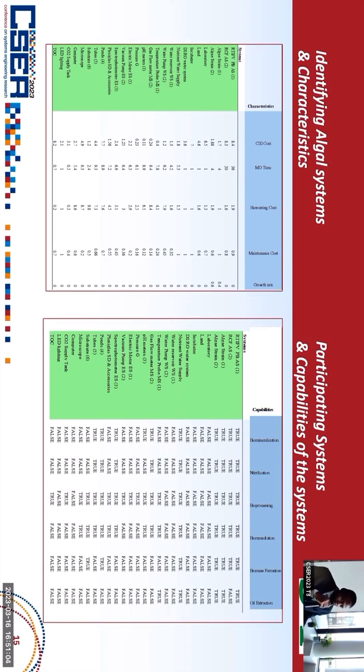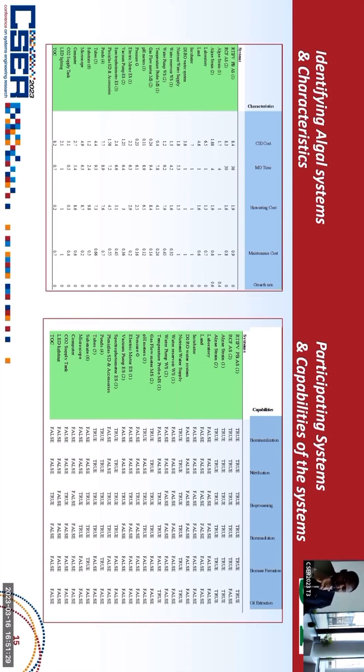On my left side, you can see that I have the interface development cost, the monitoring development time, harvesting cost, maintenance cost, and the growth rate. All these are put in factors of 0 to 1, from the initial values that were gotten from our survey.